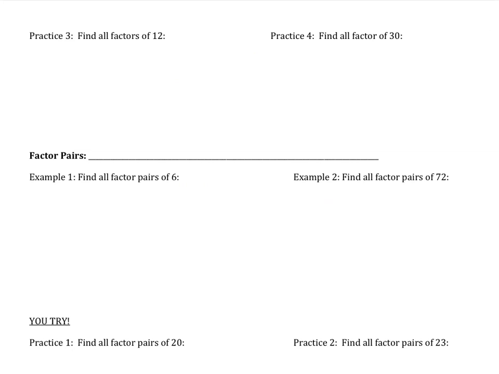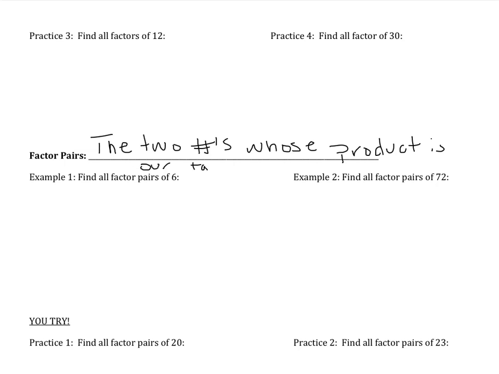Factor pairs are the two numbers whose product is our target number. Now, to find factor pairs, we're going to do the exact same thing as when we find factors. We just write it a little bit differently.